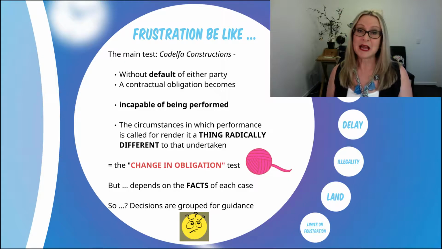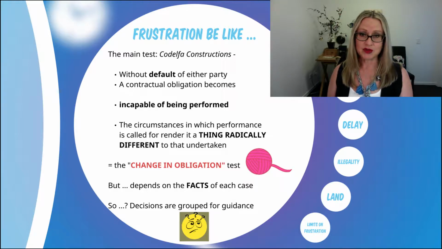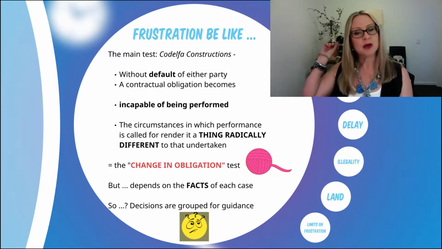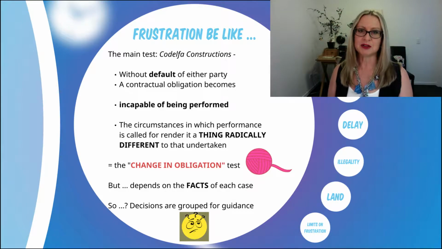And why is it incapable of being performed? Because the circumstances in which performance is called for render it a thing radically different to the kind of promise that was undertaken at the time of contracting. So that might be, hopefully, ringing bells of non est factum and radical difference. So it really has to be something quite different of its nature than what was originally promised. And we call that the change in obligation test.